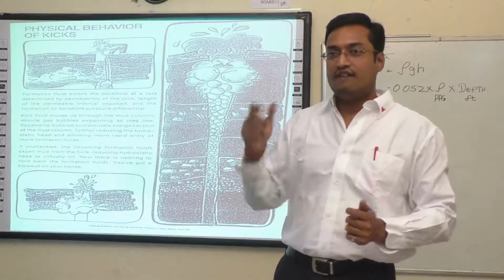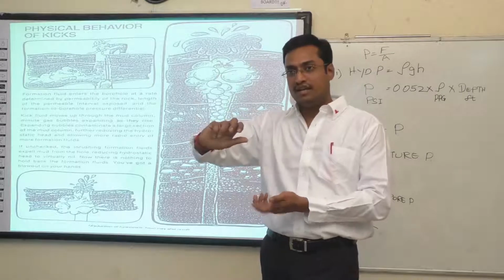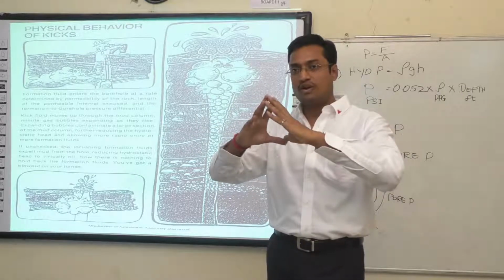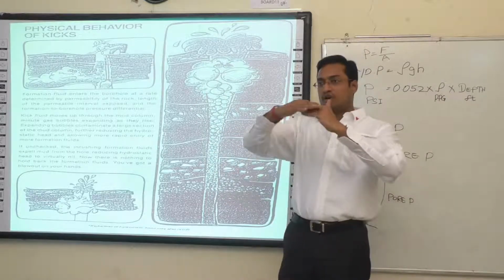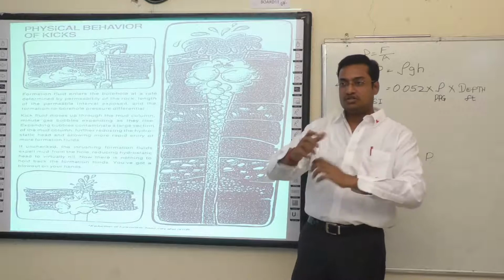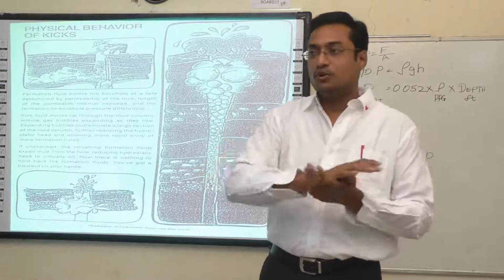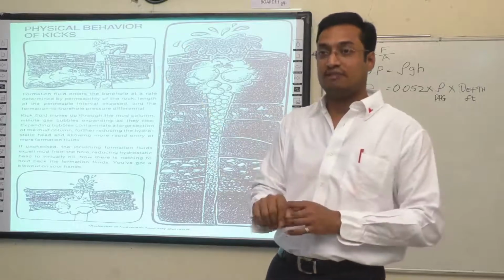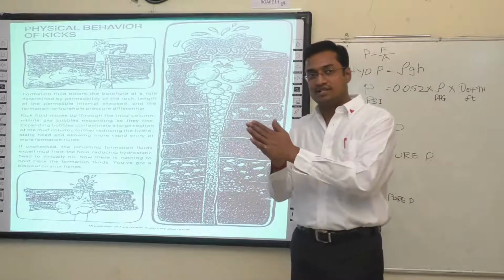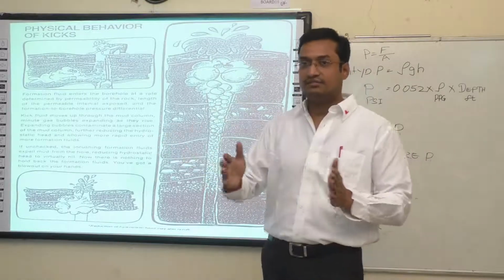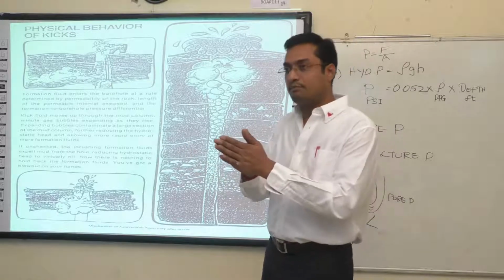Like if you have a Coke bottle full of Coke and you open it, if it is only liquid, the pressure reduces faster. If the Coke bottle is half filled and you agitate it and then open it, if it is gas, it is going to keep flowing for a longer time. So a water or liquid pressure gets dissipated faster than gas pressure, because liquids, especially water, are incompressible and don't expand.